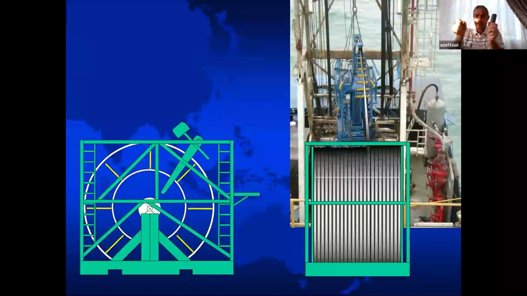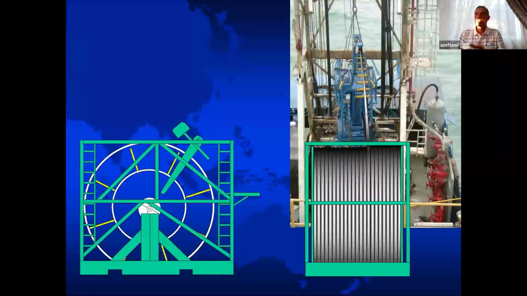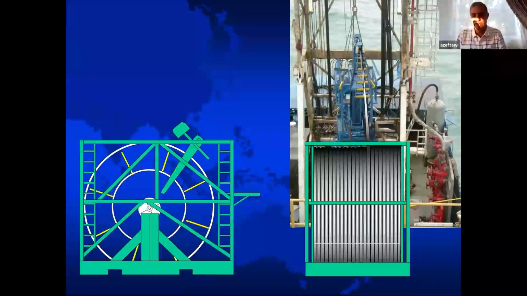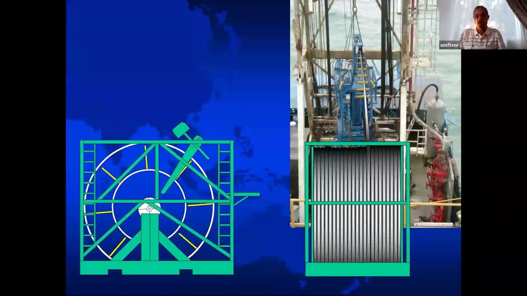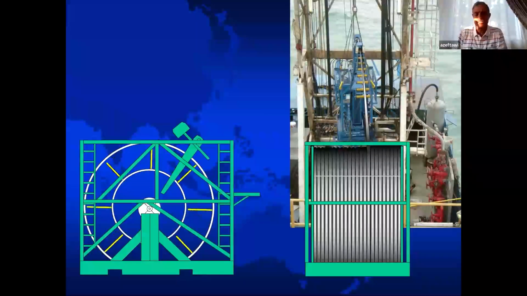You are bending it against its will, so you are bending it by force. Especially if you are not spooling it correctly, if while pulling up the hole you spool it like that, all these are bending stress. This is a killer for the pipe life.